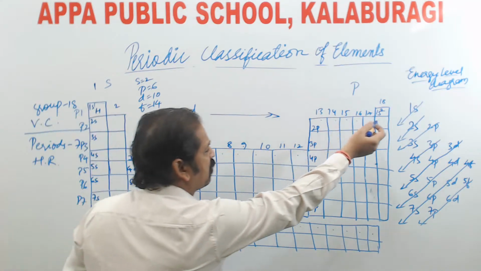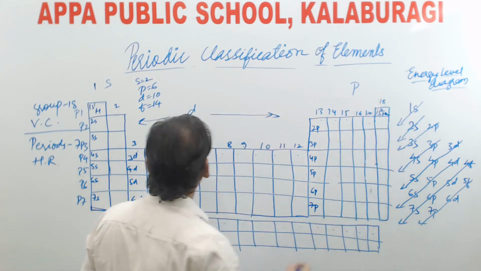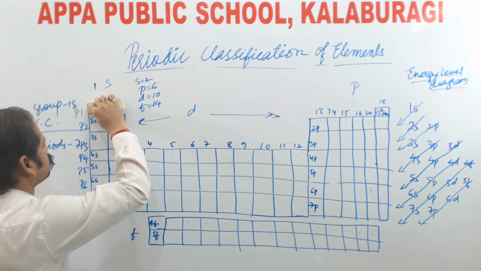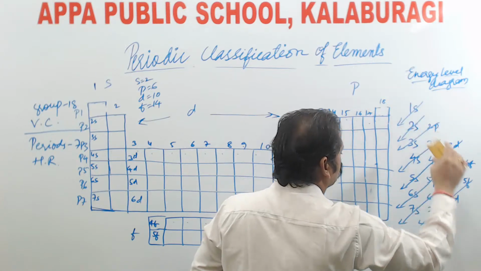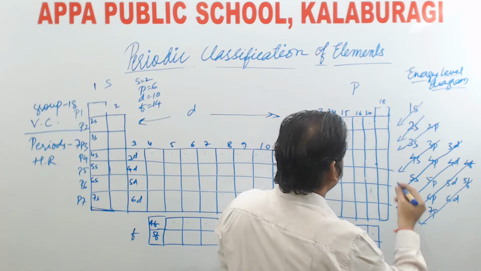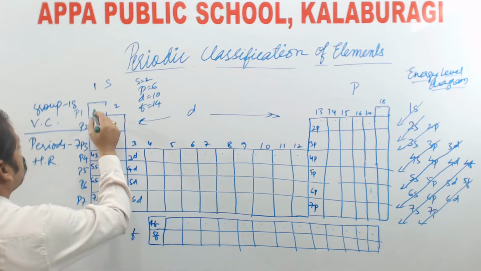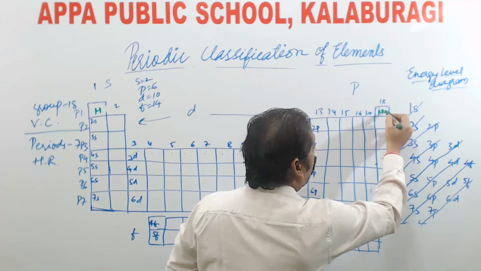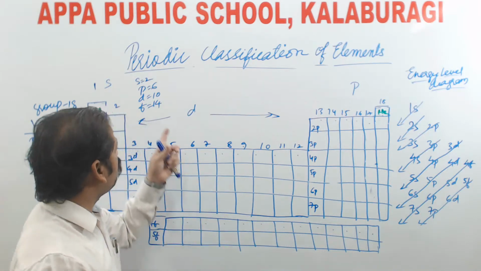Atomic number 1 is hydrogen, 1s1. Helium is 1s2.